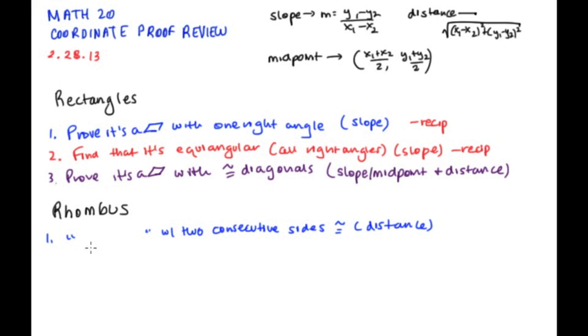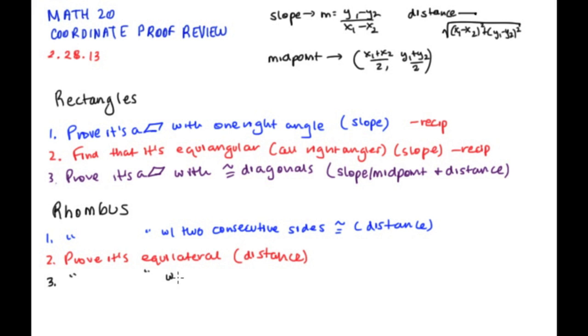The second way you could do it, prove it's equilateral. Very similar to a rectangle's ways of proving it's a rectangle. And for this you use distance. And the third way, you have to prove it's a parallelogram, blah blah blah.